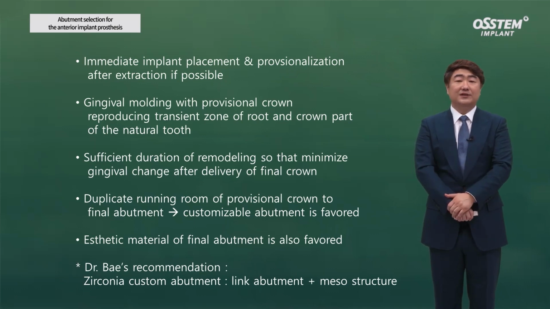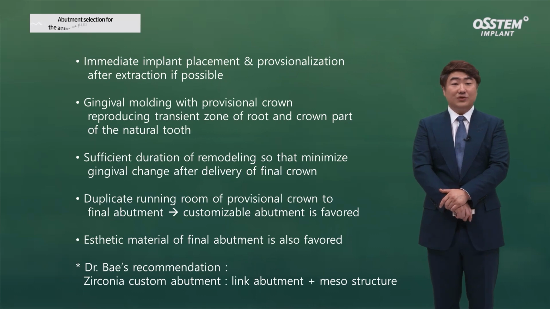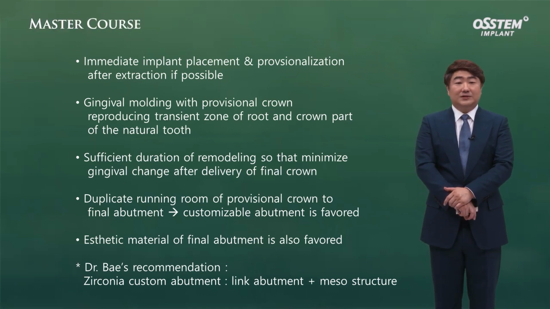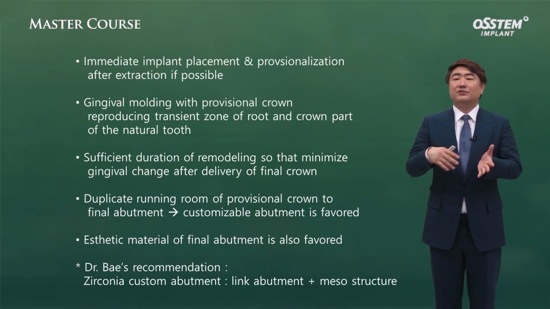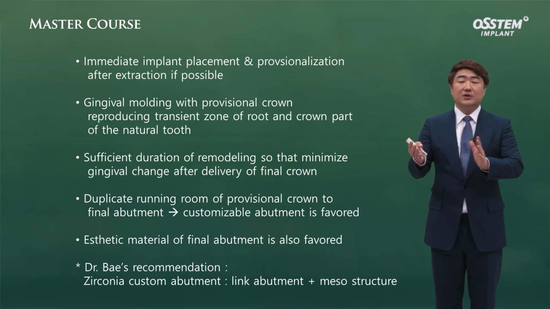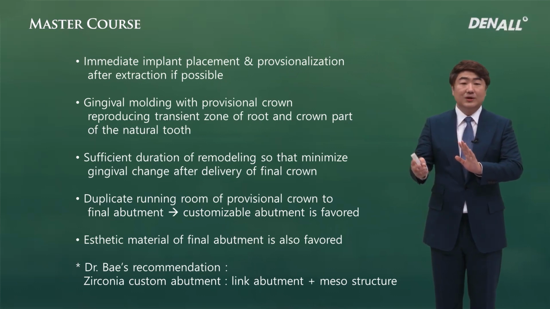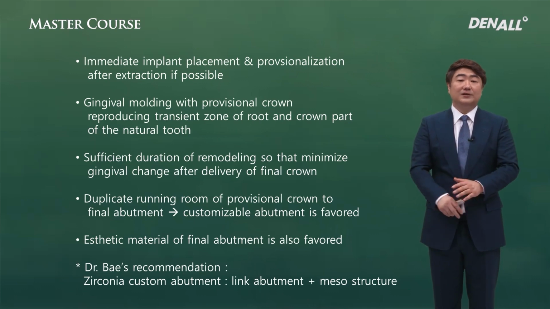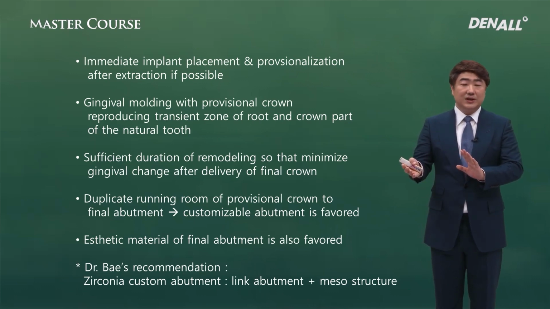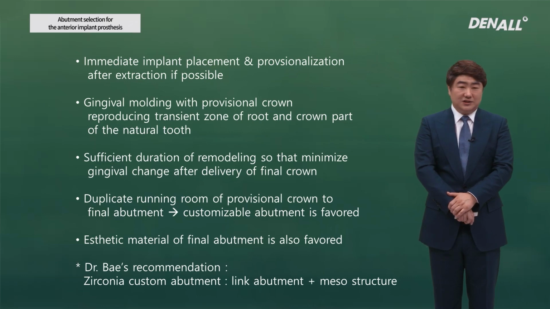Also, the provisionals created the running room, and you imitate that in the final. The running room is not symmetrical. Therefore, it's better to use a customizable abutment, and the color impacts aesthetics. So for me, in the anterior aesthetic zone, my first option is a zirconia abutment or mesostructure abutment. That's my recommendation.